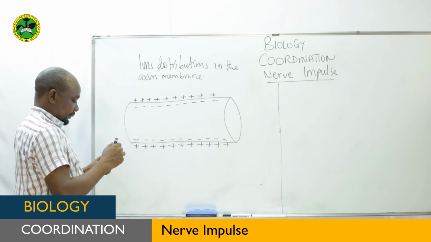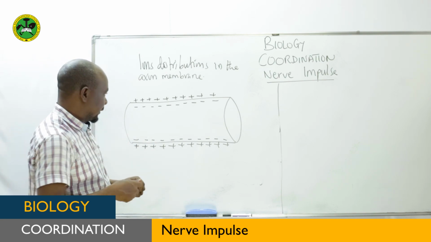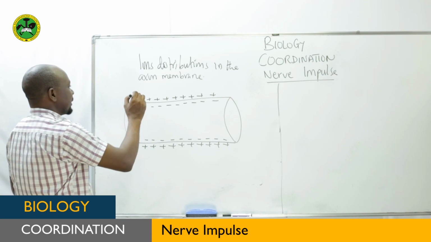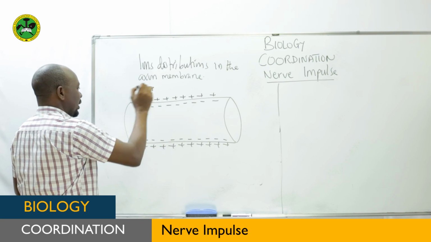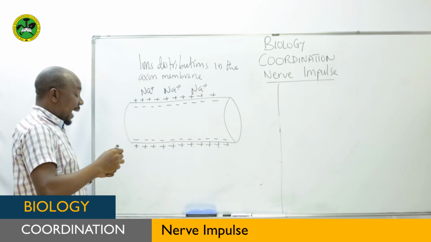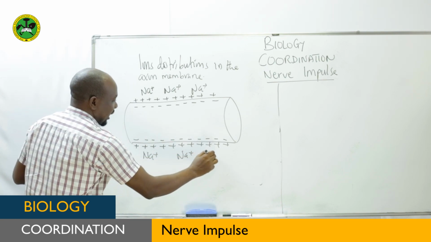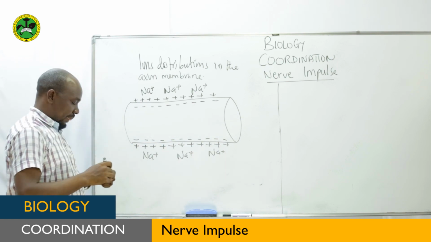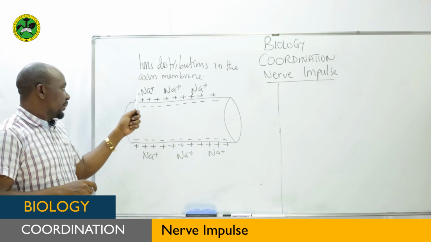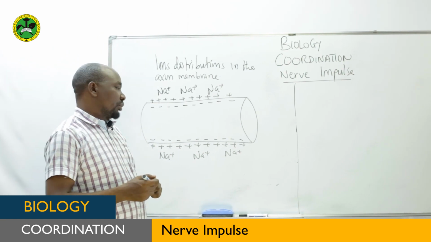So it possesses an electrochemical gradient. It is positively charged outside due to the presence of the sodium ions. The sodium ions are many on the outside. Dear student, it does not mean that only sodium ions are found at the outside of the axon.